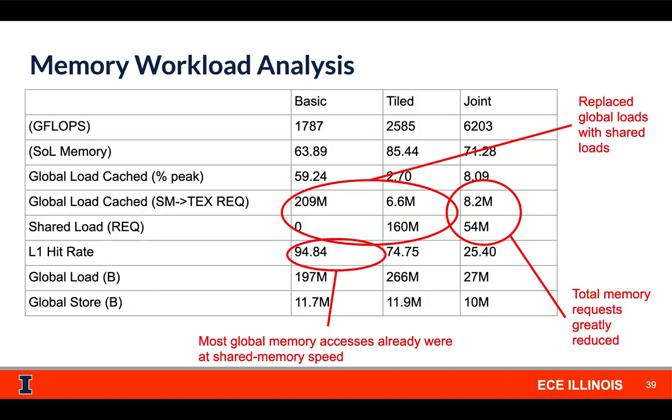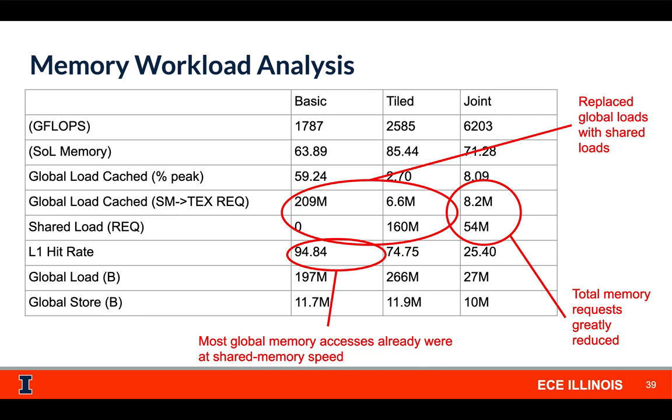So I've extracted some of the numbers here again for the basic, tiled and joint. I left the speed of light memory on there as well, just as a reminder. So the third row is what percentage of peak performance we were using for global memory loads that are cacheable. So these are your standard, load something from global memory.